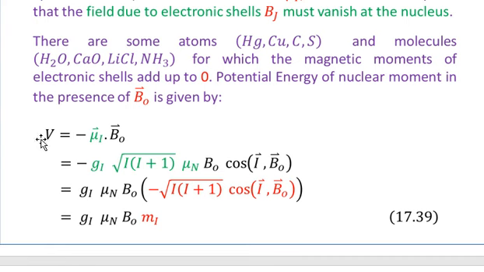So we have magnetic potential energy V, due to the nuclear spin in the presence of the external magnetic field, equal to gI, which is the g factor of the nuclear spin, mu n, which is the nuclear magneton, B naught, the external magnetic field, and Mi, the magnetic quantum number due to the nuclear spin.